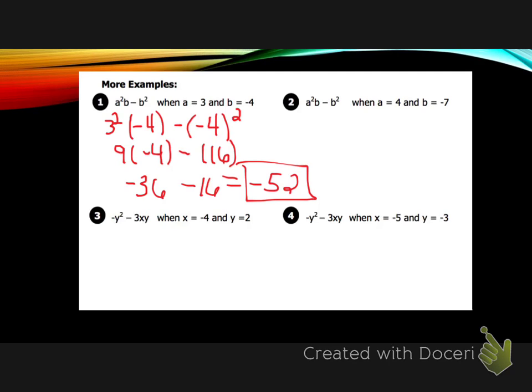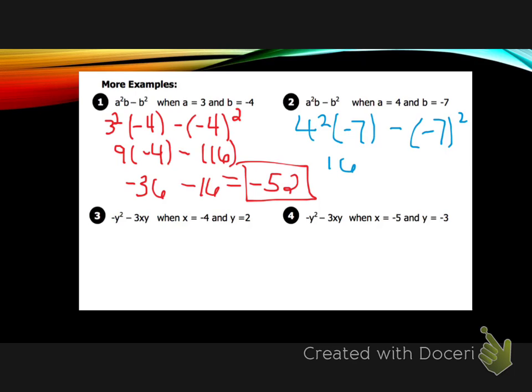Let's give a try on the second one here. First you're going to substitute in. You got 4 squared times negative 7 minus negative 7 squared. So again, do the exponents first.